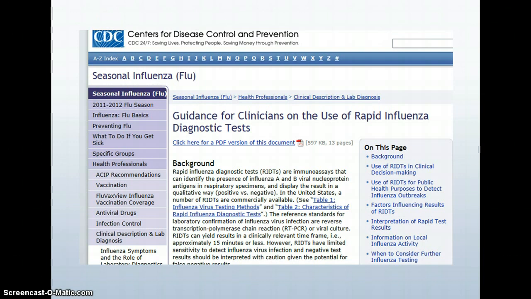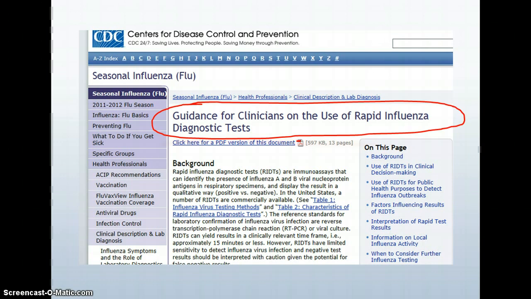Here is another website from the CDC. This one is talking about flu tests. If you look at the part that's circled in red, you can read that the audience for this website is really medical personnel, clinicians. That means doctors or nurses.